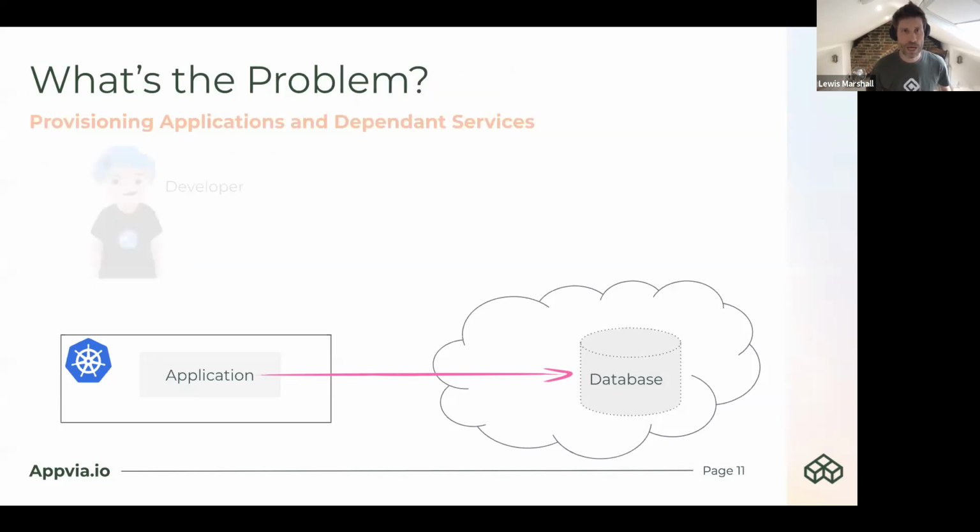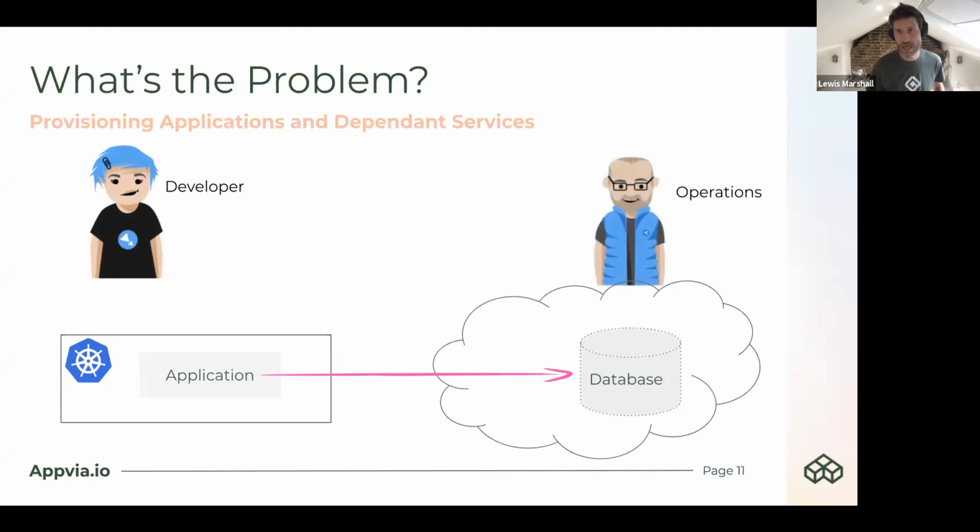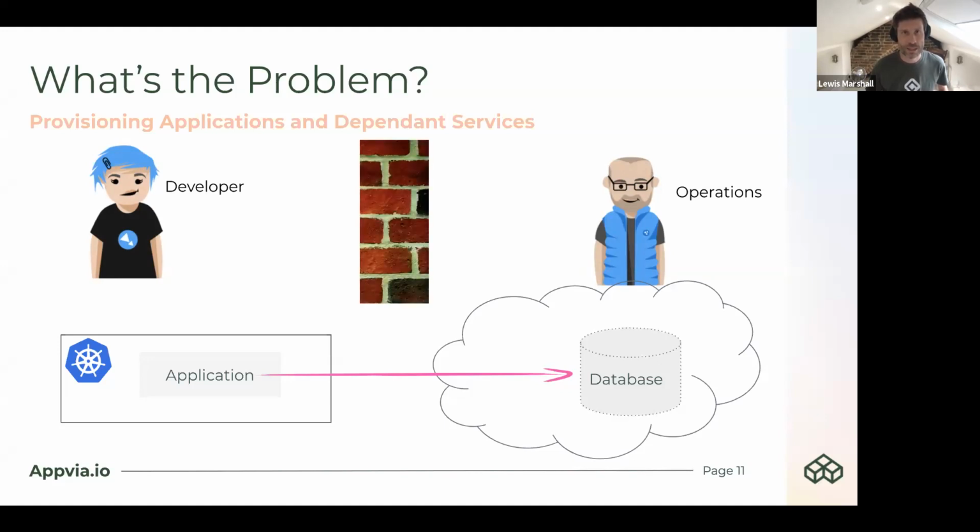So the problem: a developer develops the application on Kubernetes, and an operations team, different people to the core business function, are operating the databases. Why is that the case?